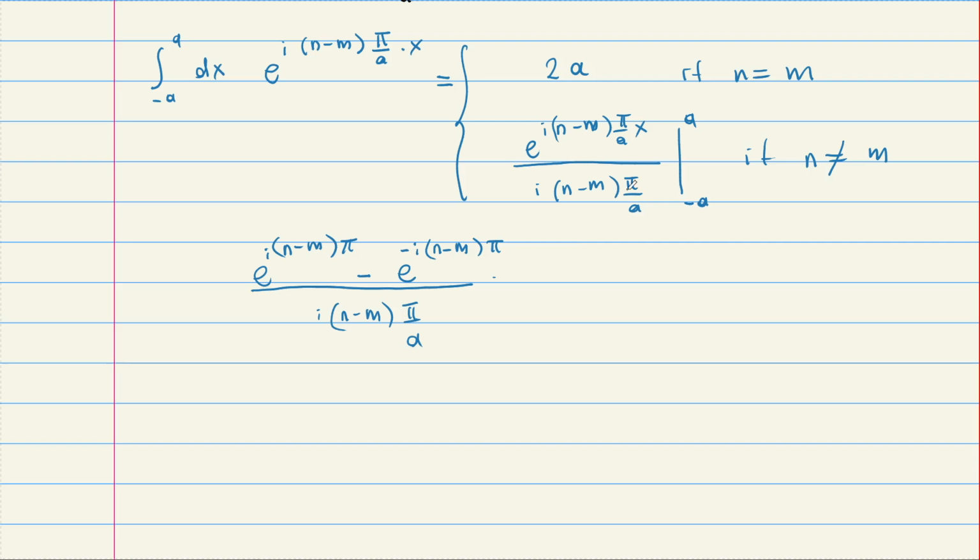And this is going to be equal to 2i sine of n minus m pi, divided by i n minus m pi over a. What is this? Sine of integer times pi. This is 0.